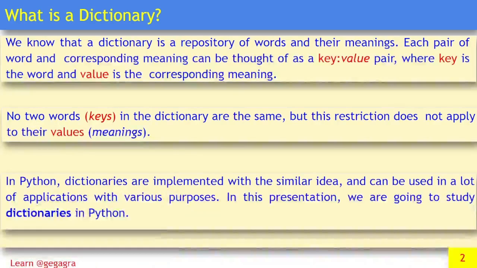In Python, dictionaries are implemented with similar idea and can be used in a lot of applications with various purposes. In this presentation, we are going to study dictionaries in Python.